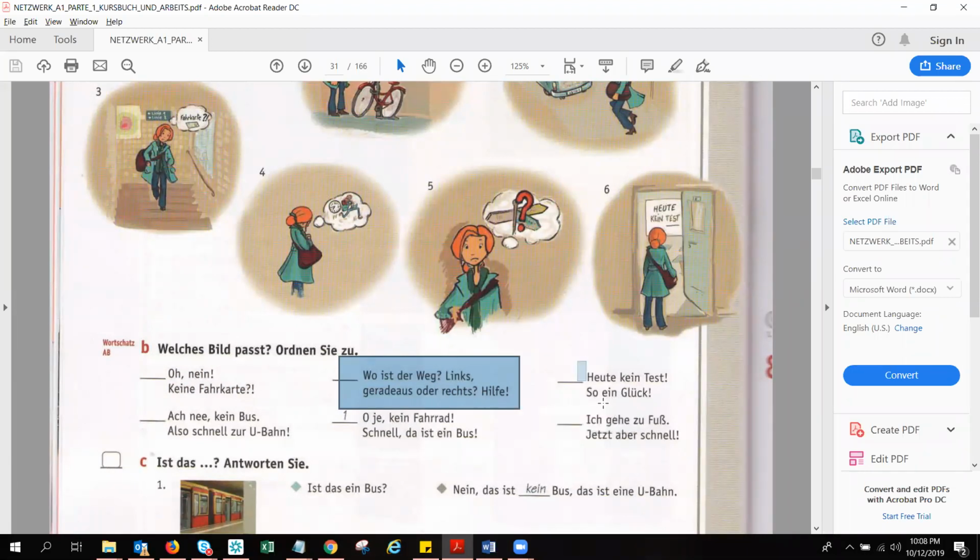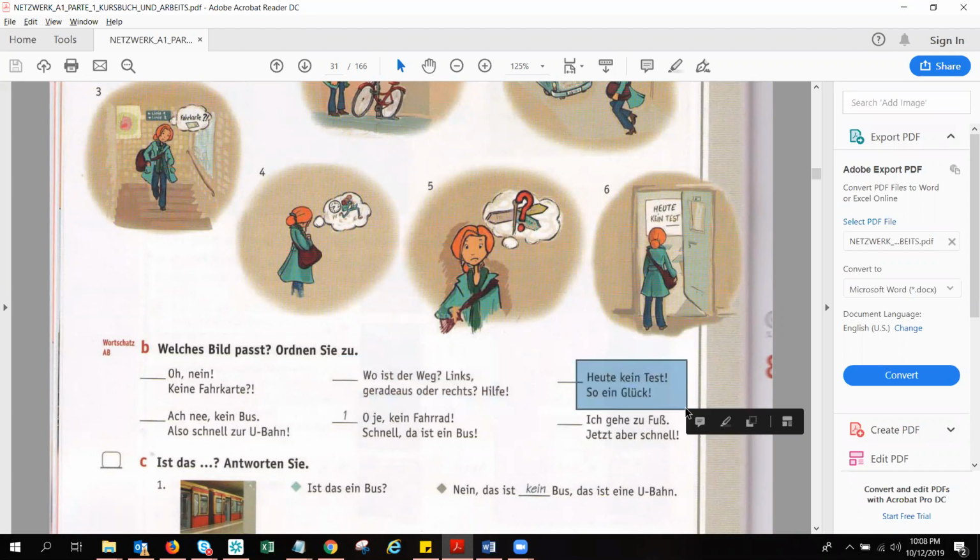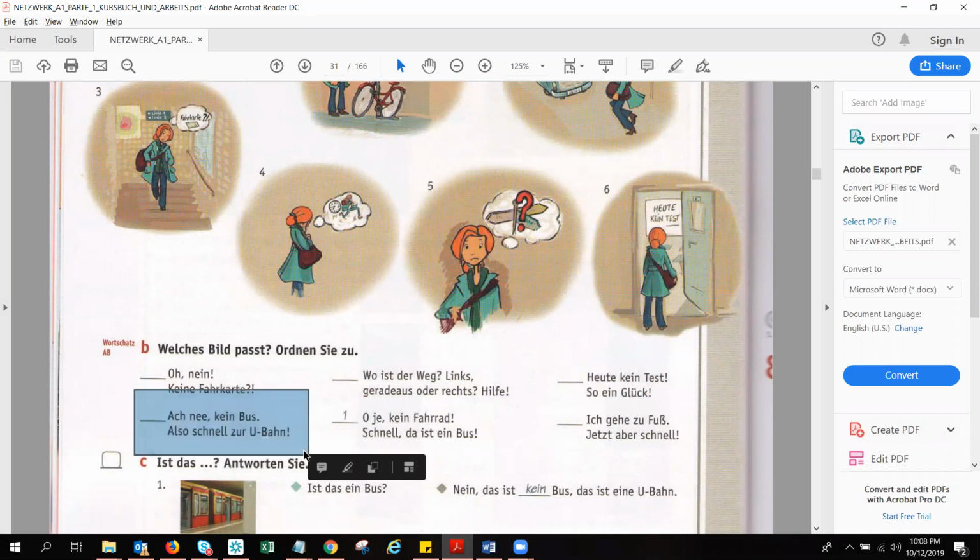Heute kein Test. Today no test. So ein Glück. So a luck. Like it's a bad luck. She was so fed up, she has done all the things. She has a bad day, and at last, the thing for which she's getting late is not happening. Ach nee. It's like, oh no.